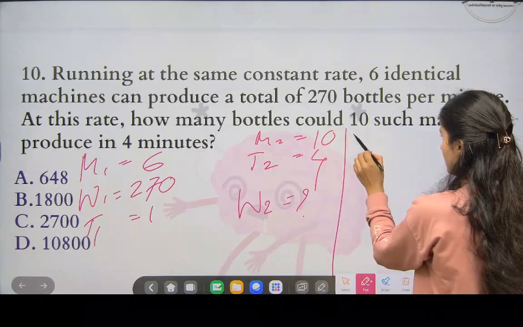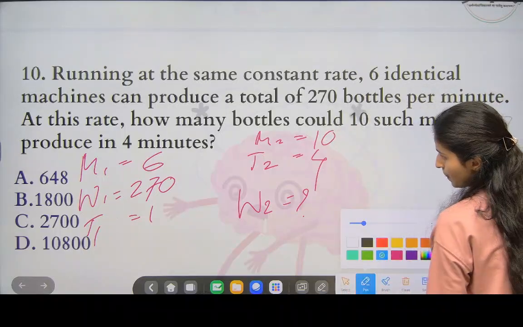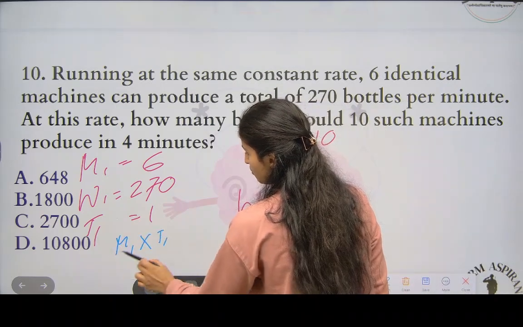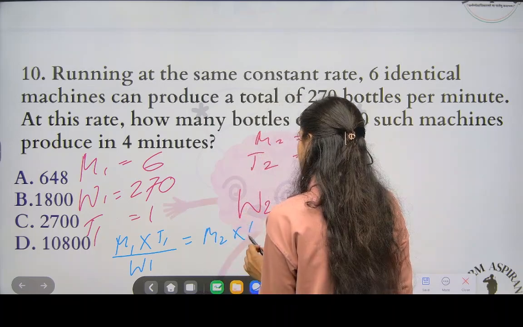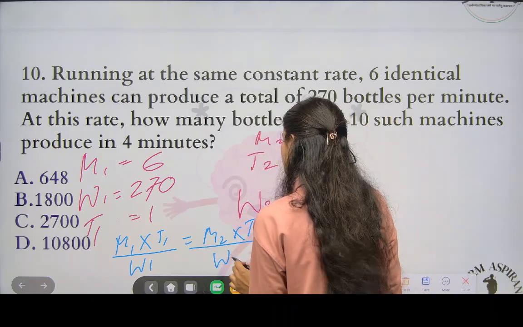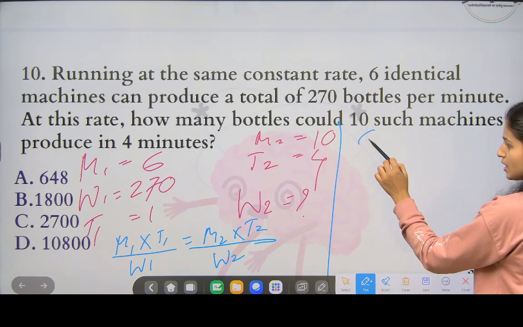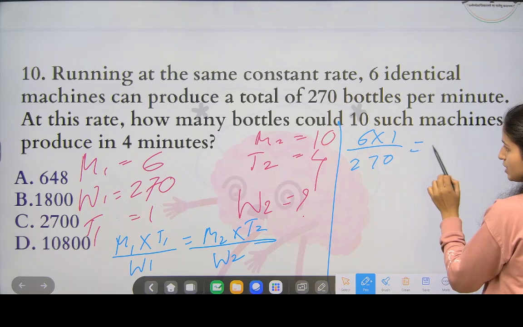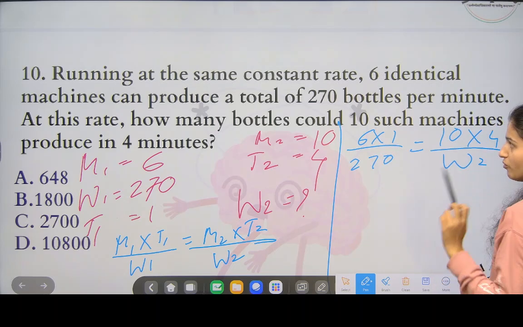Now we know that M1 into T1 upon W1 is equal to M2 into T2 upon W2. Substitute the values. We have already found them, right? So 6 into 1 upon 270 is equal to 10 into 4 upon W2, because we have to find the work.